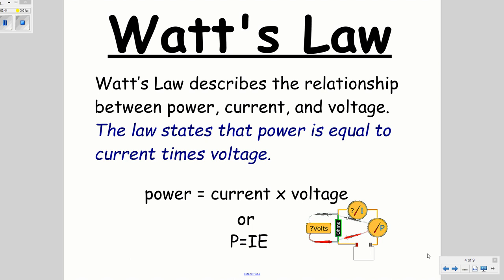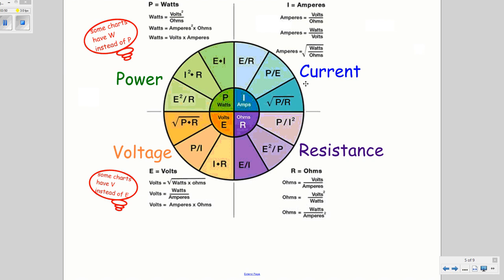Now this sounds like a whole lot of stuff to remember. And of course, you don't have to remember all these different relationships. You're going to get a chart that looks like this, and I've written down these words here. Power is green, the P you'll see in the center, the watts, current, resistance, and voltage. If you know two things, like for example, if you know the current and the resistance, you can find the power.